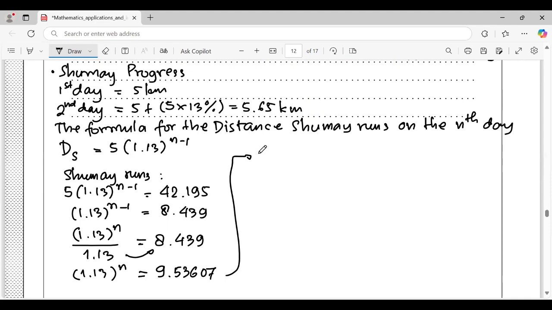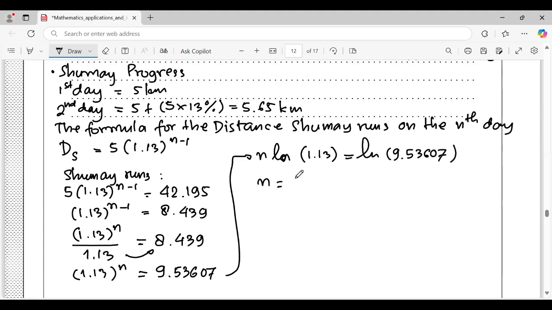So it becomes n ln 1.13 equal ln 9.53607.